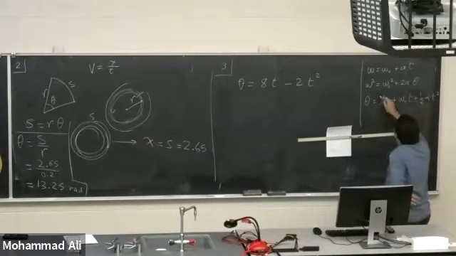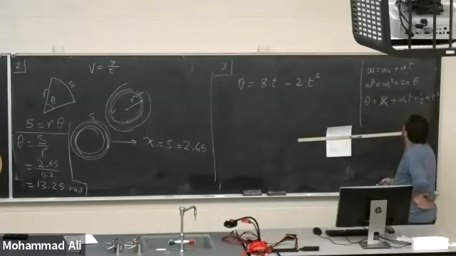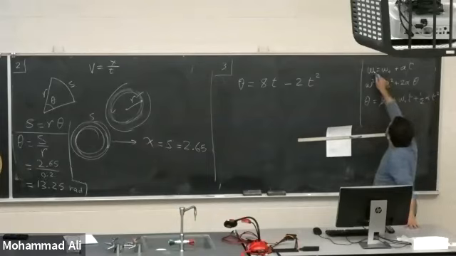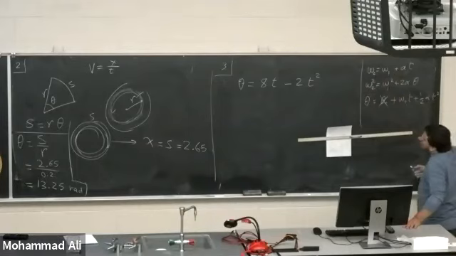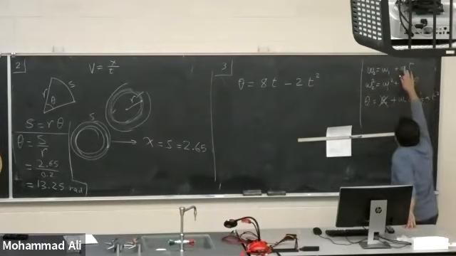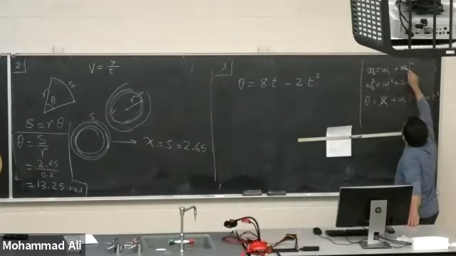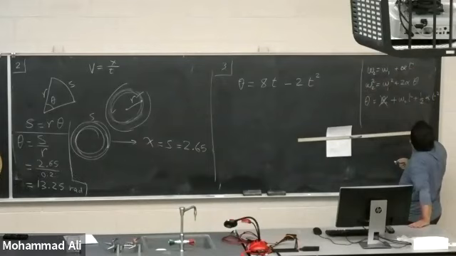Theta naught is 0 in our relations. You can name this omega 2, omega 1, finally and initially. You can compare them with the linear motion. Omega is the velocity, alpha is the acceleration, t is the time always, and theta is the displacement.